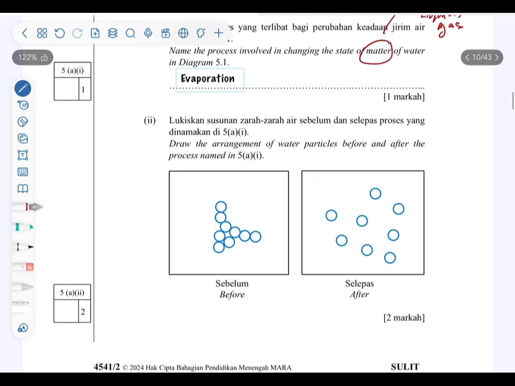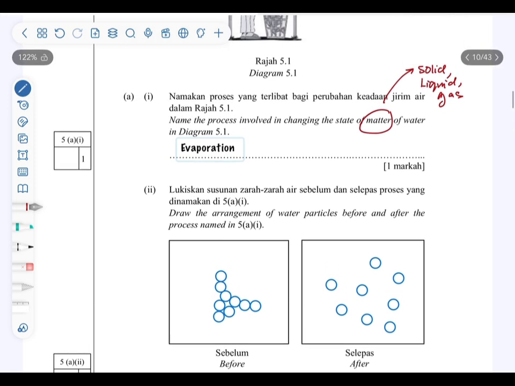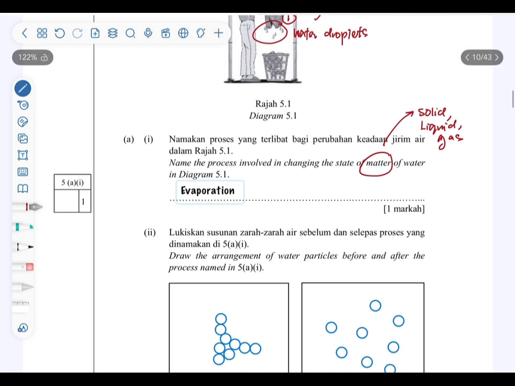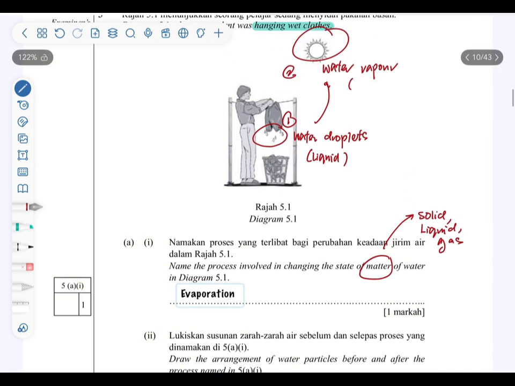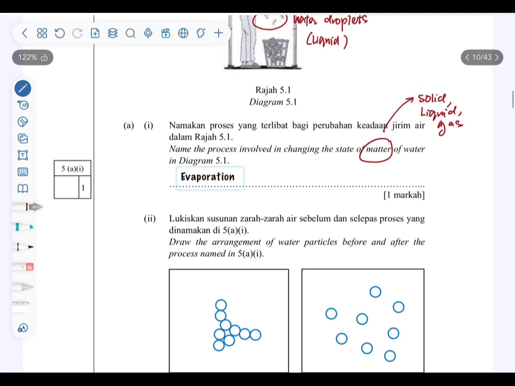Second, draw the arrangement of the water particles before and after the process named in 5A1. Before, we know that water droplets are liquid, and water vapor is gas. So we just need to draw the particle arrangement for liquid and gas only.